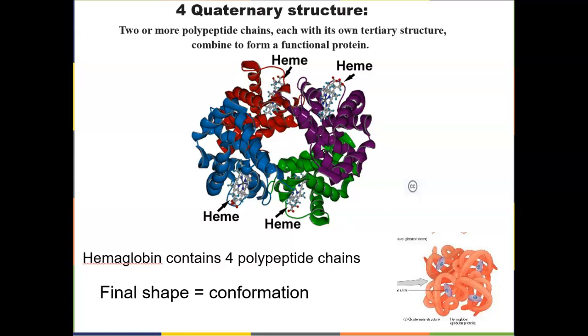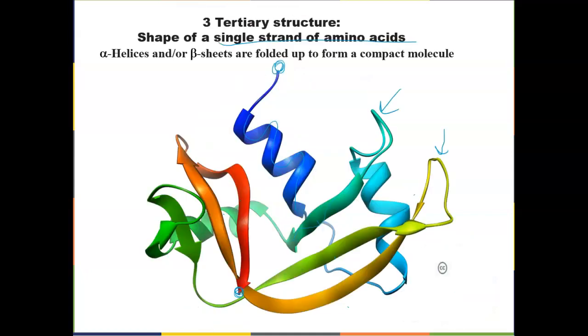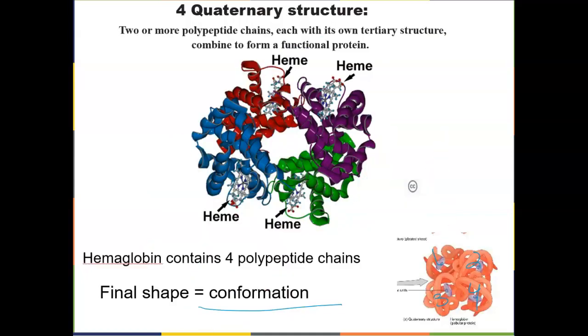So this happens to be hemoglobin, which has 1, 2, 3, 4 different peptide chains, and you can see up here they're all different colors. This final shape then, whether we're talking about the final tertiary structure or the final quaternary structure, the shape that a protein takes when it is functional is called its conformation. So that's an important word that we want to remember.